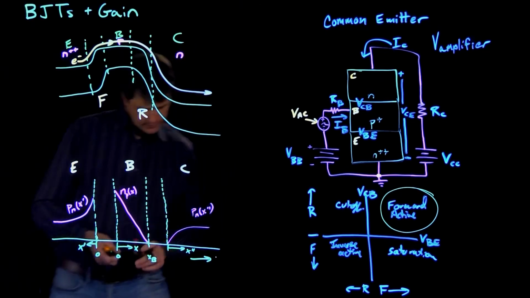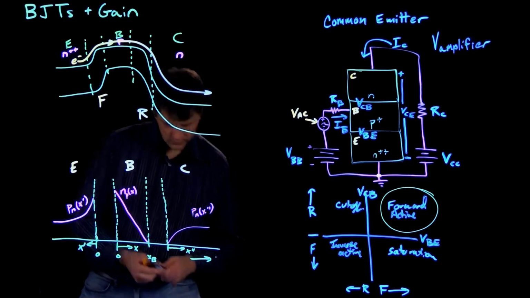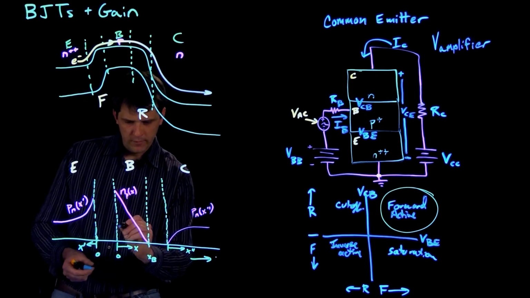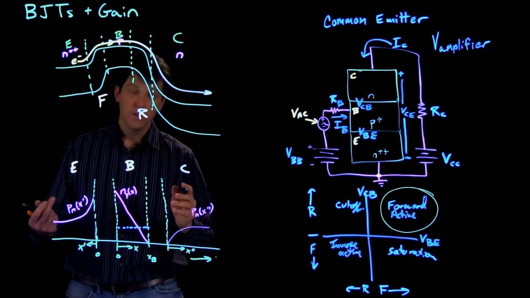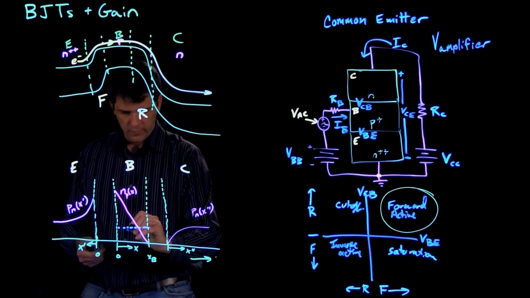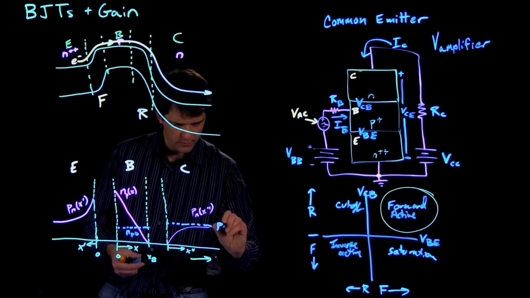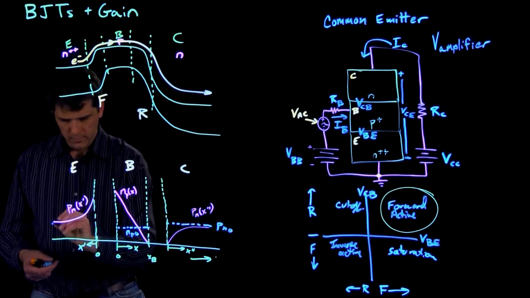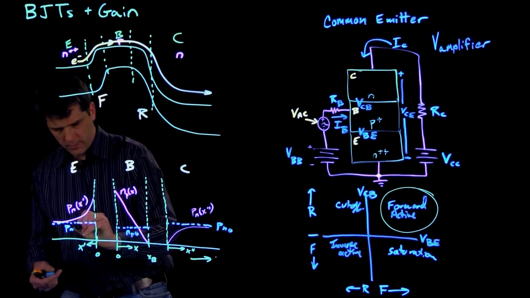So the asymptotic values, the background values in the absence of voltages, I'm going to insert next. So this would be n p naught, this would be p n naught, and this would be p n naught.